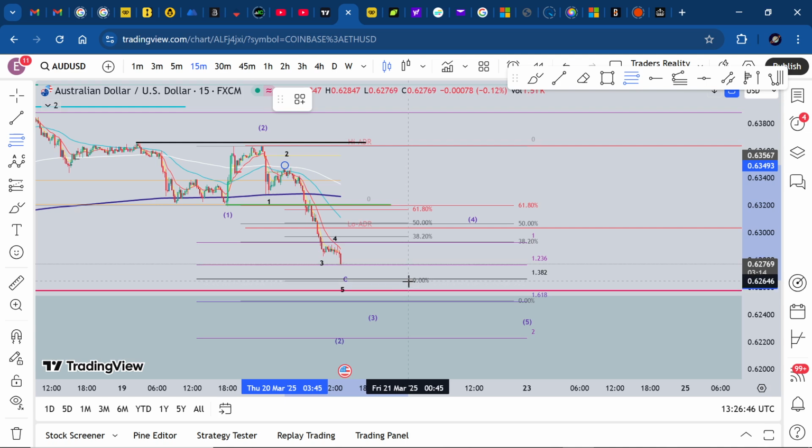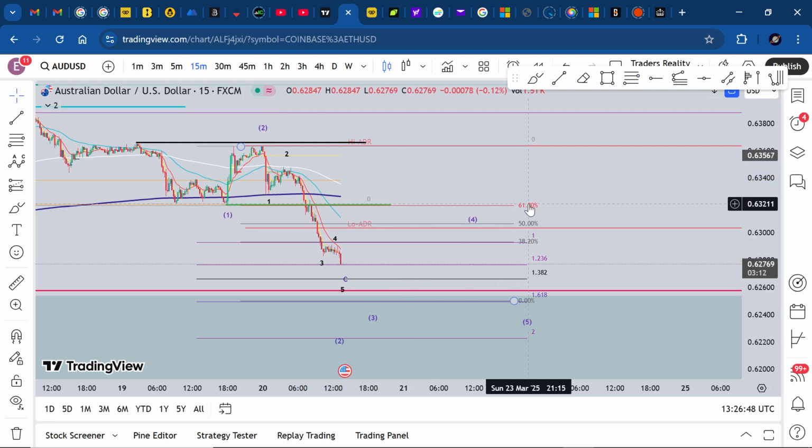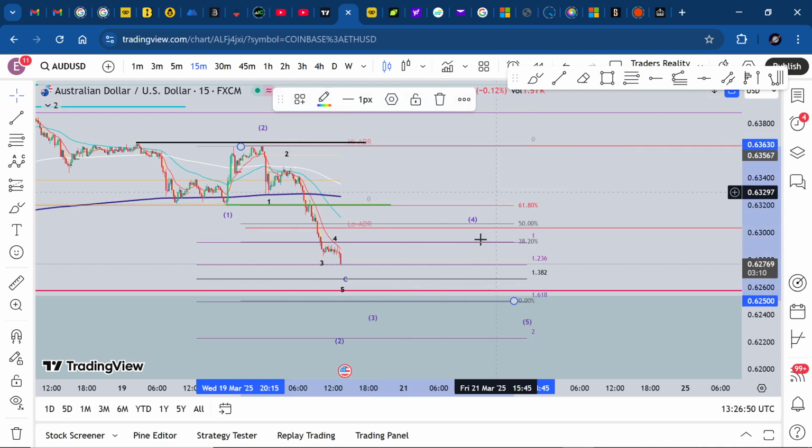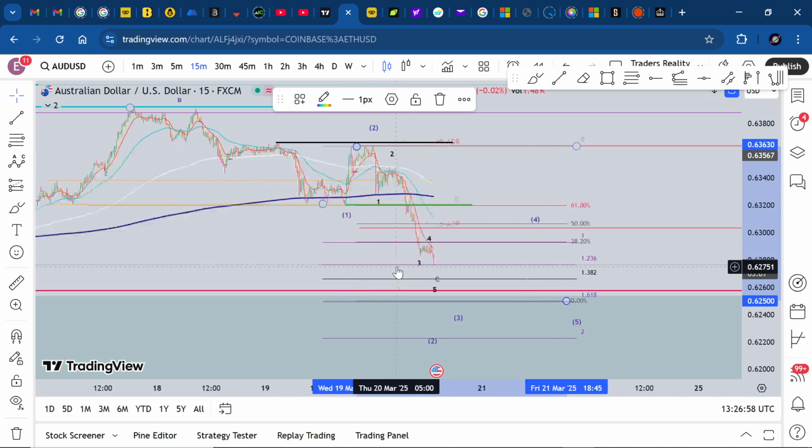Well, the 618 is still basically in the same area, but we could draw a fib from there to where this ends, and if we come up and touch the 0.618, then that would be a bullish sign as well.